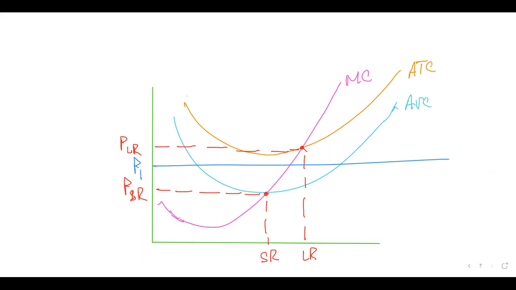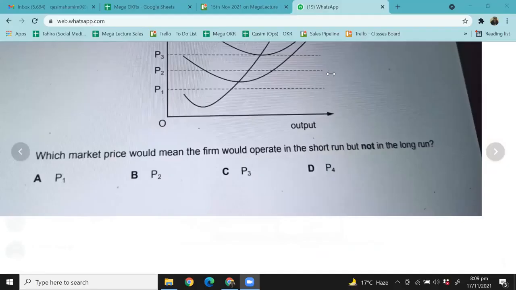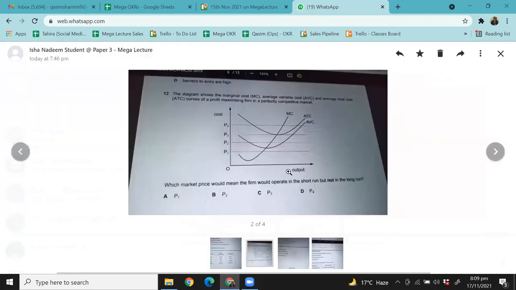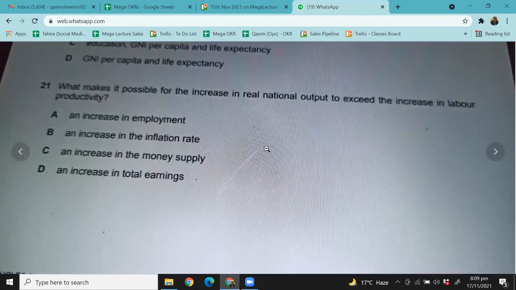Okay, now we'll move to the next question. So, this being said, what makes it possible for the increase in real national output to exceed the increase in labor productivity?